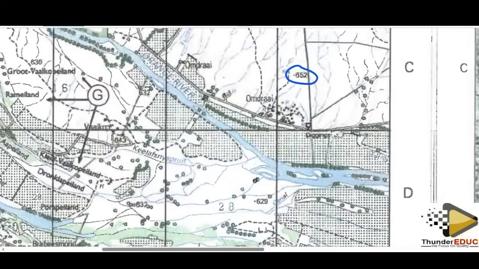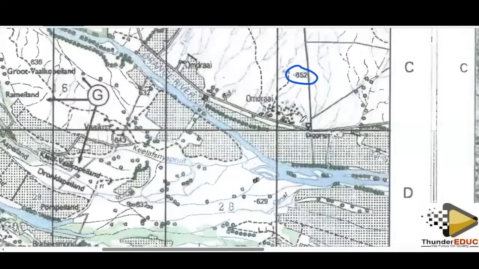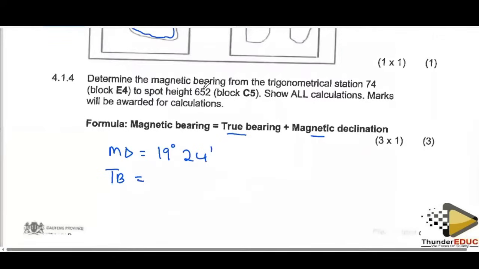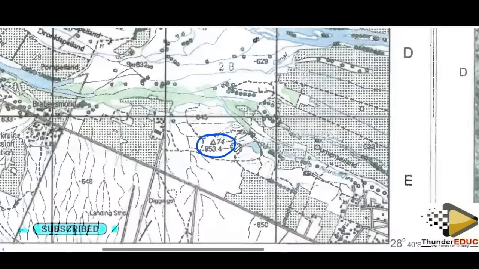We need to find the true bearing. Okay. So how do we do that? Go back to the question. Determine the magnetic bearing from the trigonometrical station 74. From trig station 74, it means we are going to draw our north-south line at trig station 74.